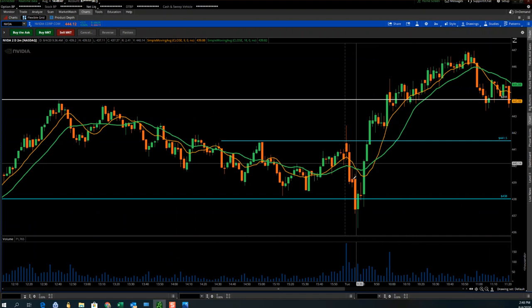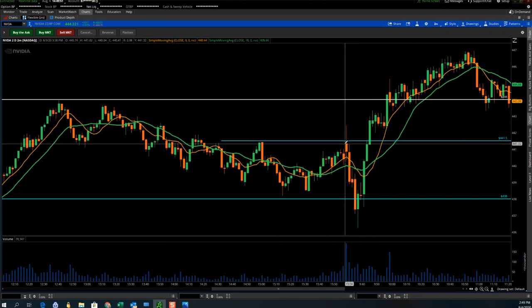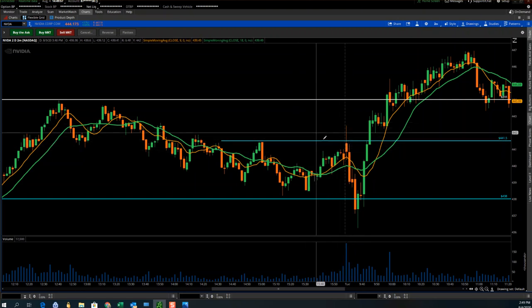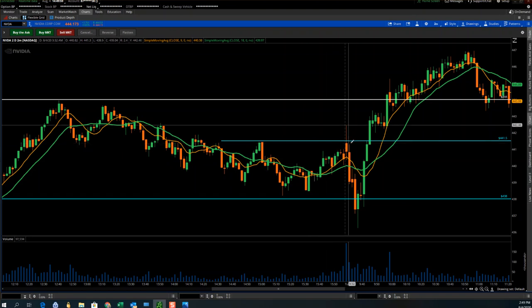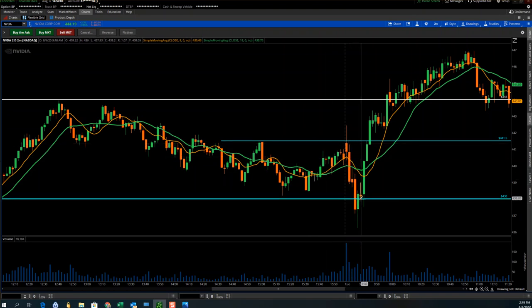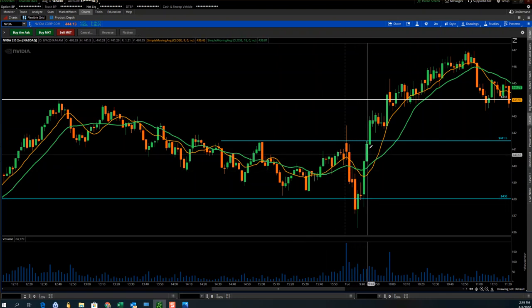We opened right here, just below the 441 support. Of course, nobody usually takes the first 2-minute or 5-minute bar as a trade, but we sold off and got back towards 430 at support. We got some buyers coming in and took it all the way back up towards 441.